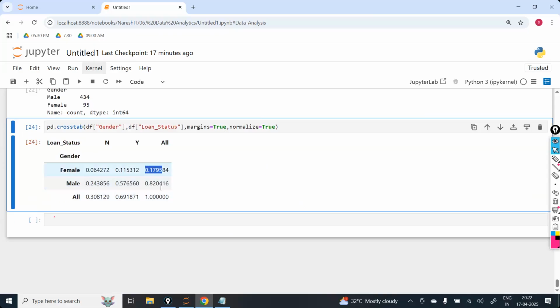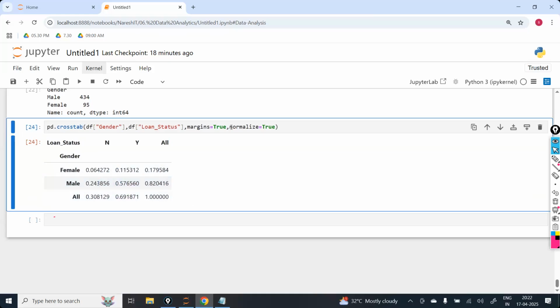Out of 82% males, how many people have got the approval? 57%. Within the females, 11% only have got the loans. Is the point clear? 11% of the females and 57% of the males have got the approval, and 6% of the females have got rejected, and 24% of the males have got rejected.